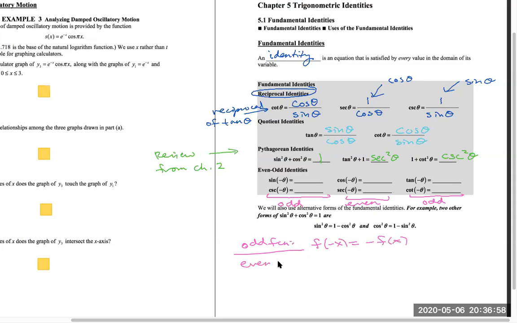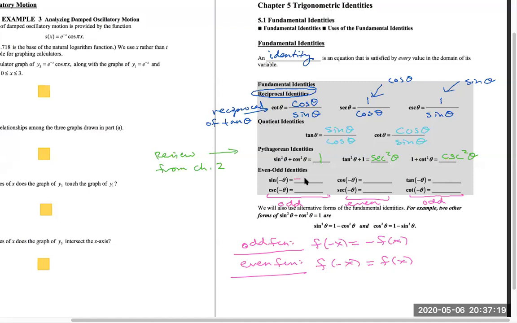And for an even function, if we take f of negative x, we expect f of x back out. Also covered these in detail a while ago, so let me know if you have questions. You can check the chapter 4 videos about graphing sine and cosine functions for more detail.